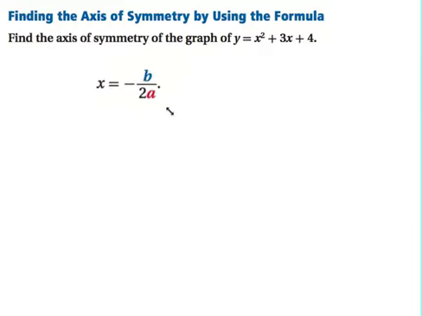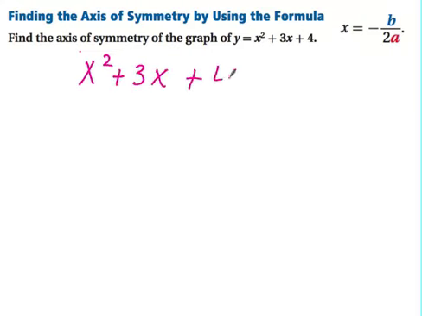Now what is b and what is a? Because we need to know these two to be able to find x, or to find the axis of symmetry. So let's go ahead and look at the example we have. Here in this example, x squared plus 3x plus 4.